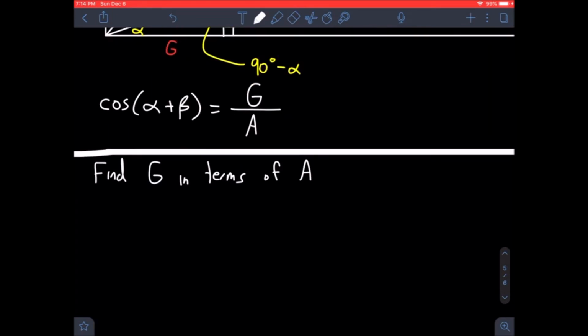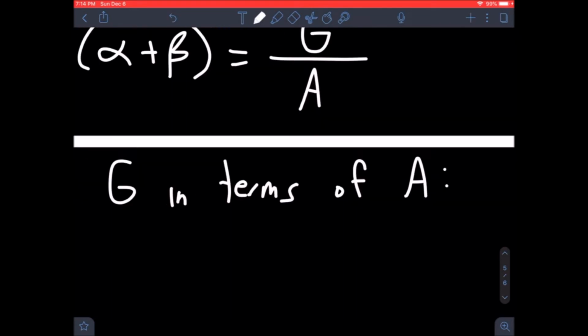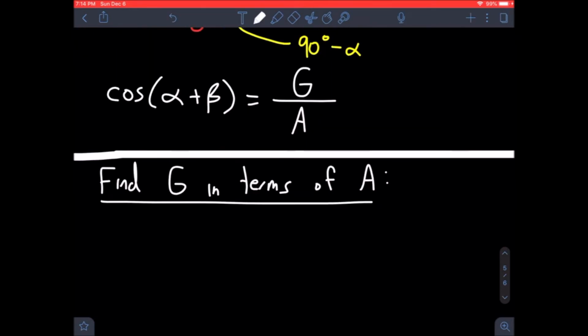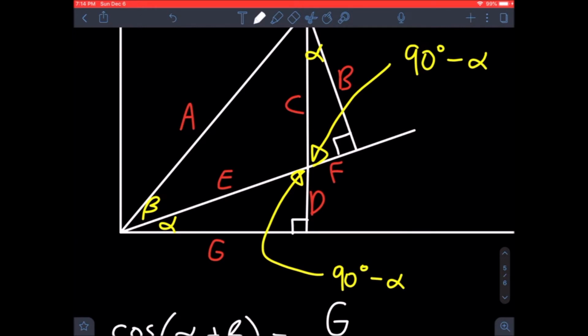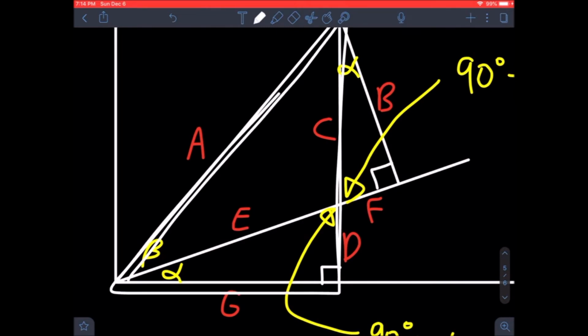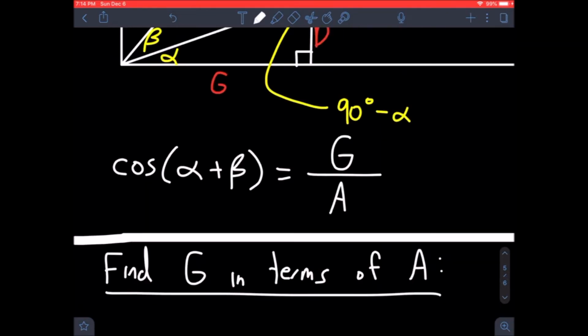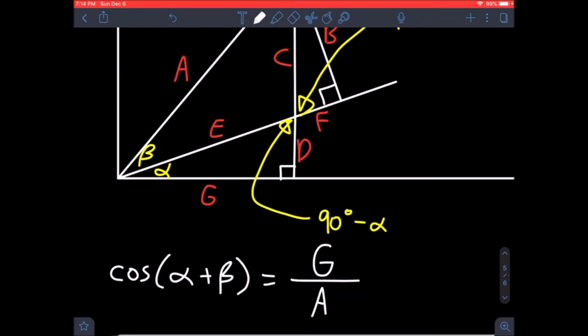So, to find G in terms of A, how do we do that? We're going to use the right triangles that we have made. However, we cannot use this right triangle right here, because we're already using it to solve the problem, since it uses alpha plus beta. We can only use the other right triangles that we made.